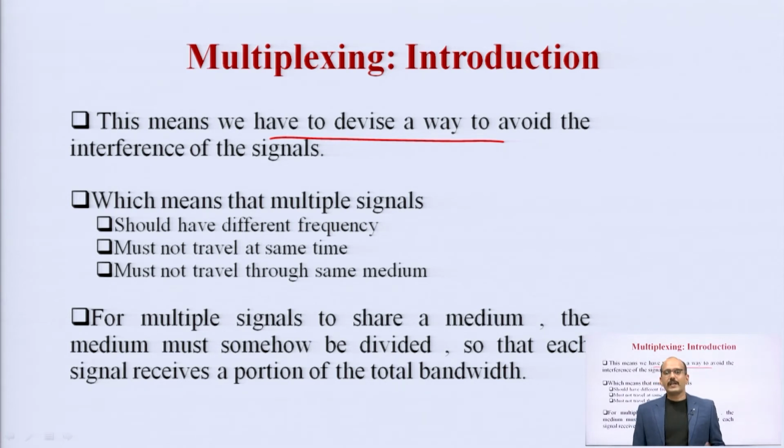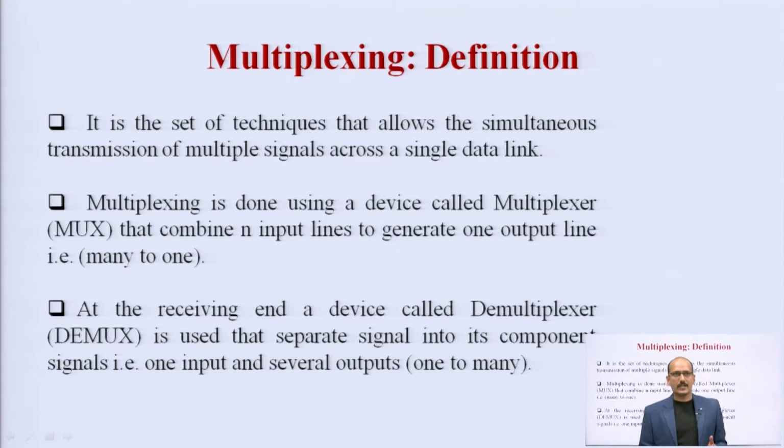In multiplexing, we are going to divide the channel or the medium among the various users on a particular basis, or we are going to allot a particular portion of the total available channel bandwidth to a particular user. So, this is the basic introduction to multiplexing.